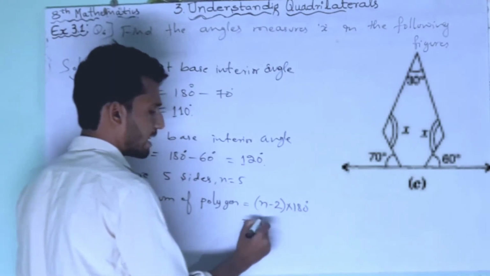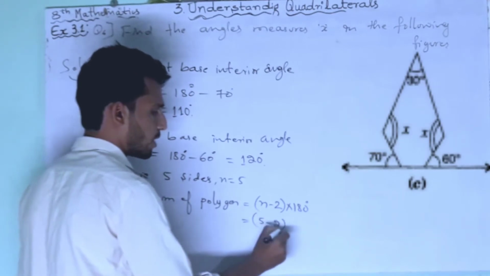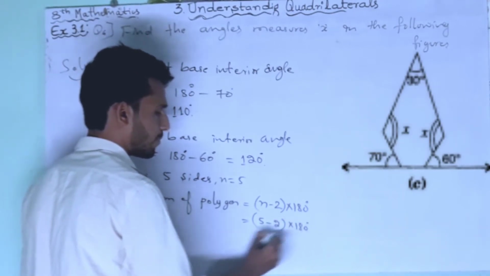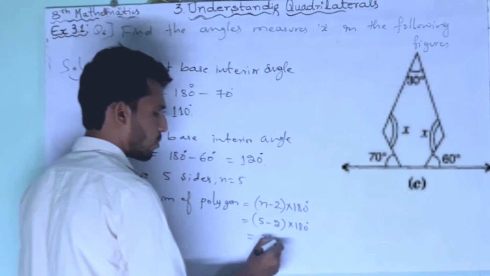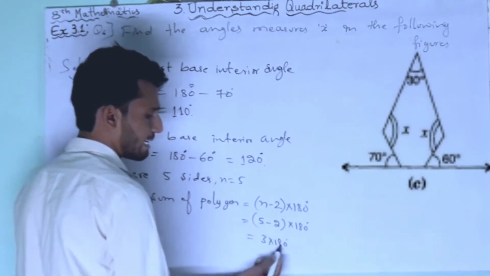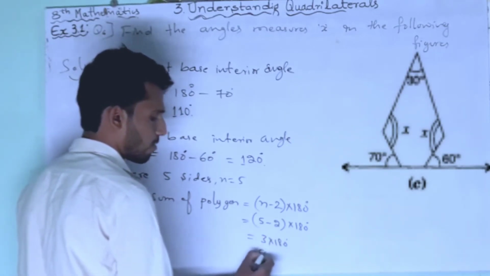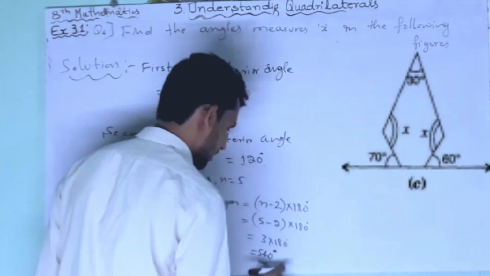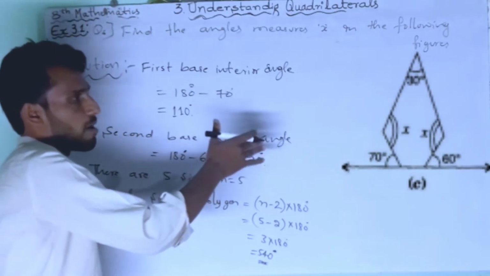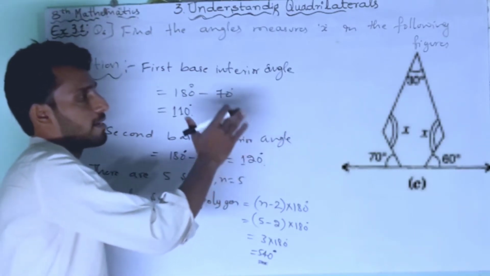N value given here is 5 minus 2. When you do the subtraction, you will get 3 into 180 degree. When you multiply 180 into 3, you will get 540 degree. Therefore, the angle sum of a polygon is 540 degree.